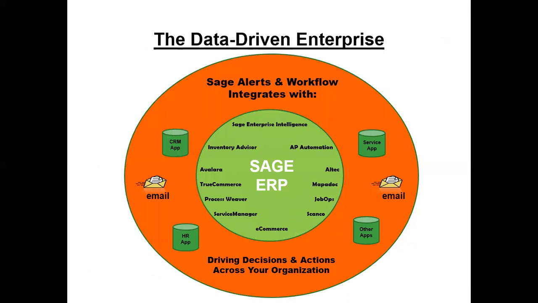And by the way, if you currently have generic email accounts such as info or sales@yourorganization.com, and right now it's someone's job to watch over those incoming emails and figure out what to do with them, Sage Alerts and Workflow can also monitor the content of incoming email. It really is an enterprise-wide monitoring and response technology.